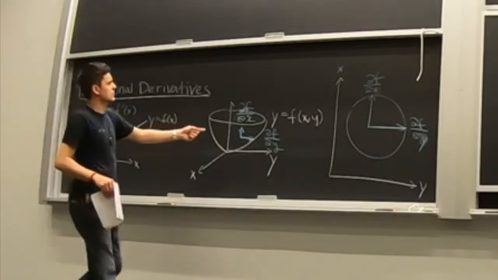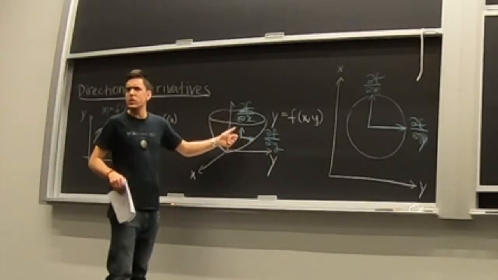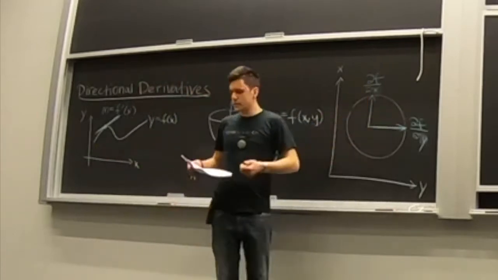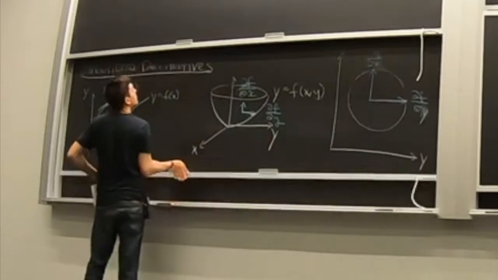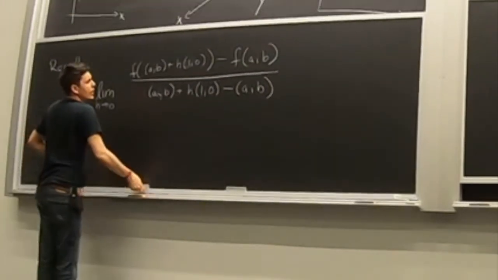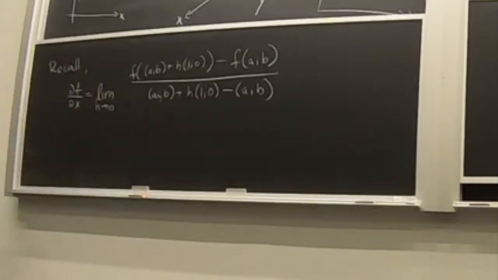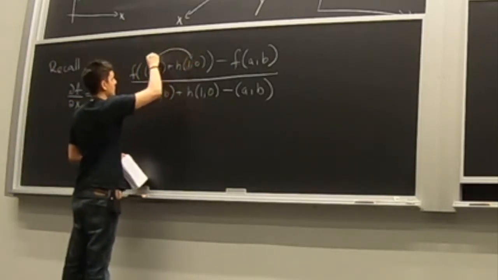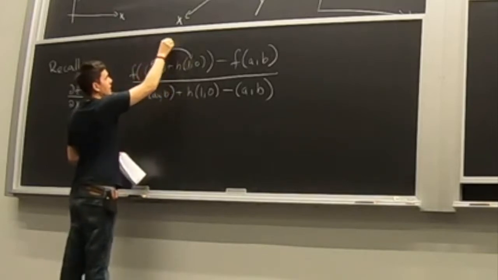The idea is that we've just got two directions that we can measure change. Well, that's two of infinitely many. We can measure change in any direction. Okay, so here's our limit definition for going in the direction x. So we're adding stuff to the x coordinate.